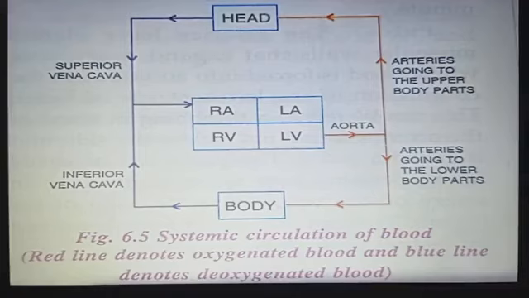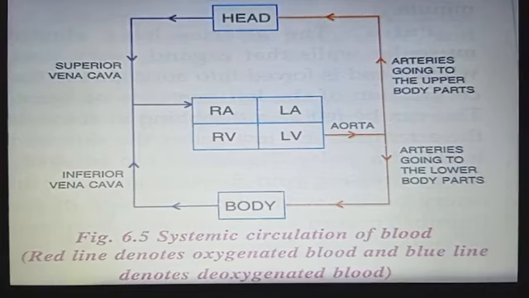All right. So, now this oxygenated blood is pushed into the left ventricle. Then, from the left ventricle, the blood is pumped into the aorta.